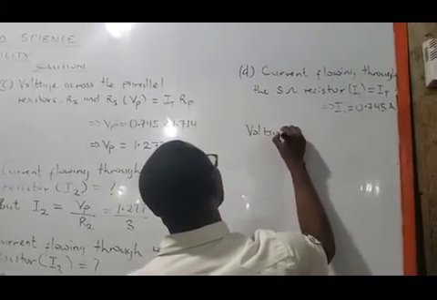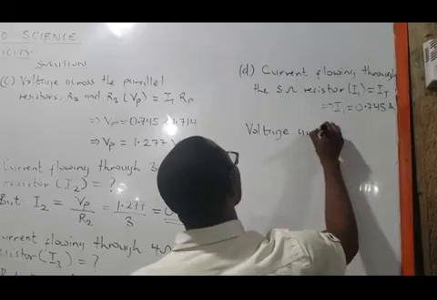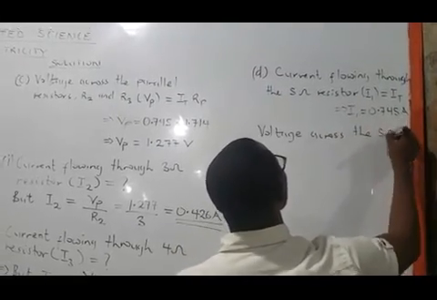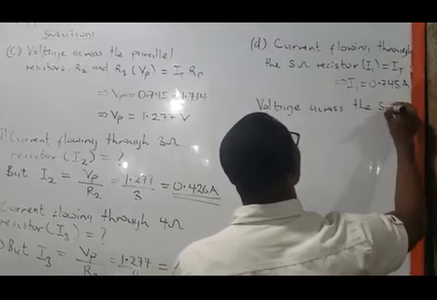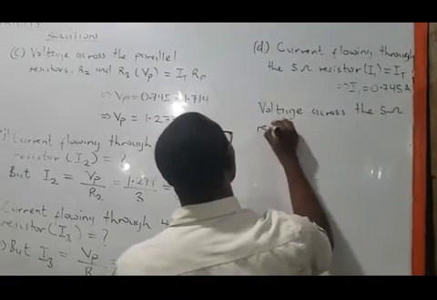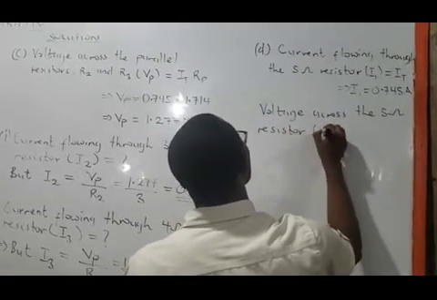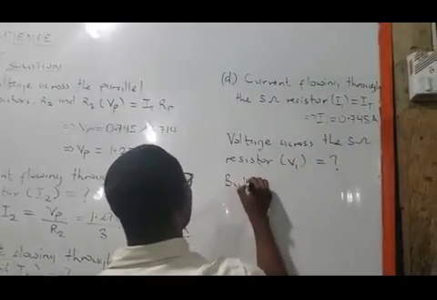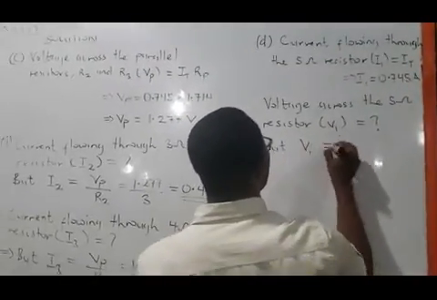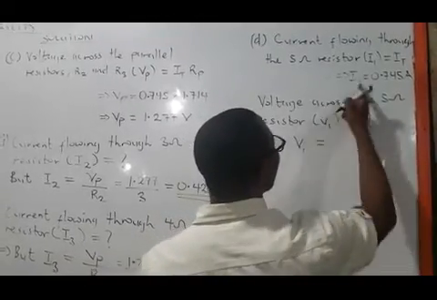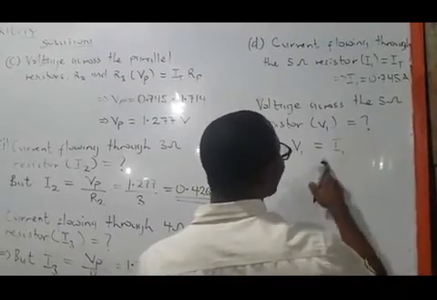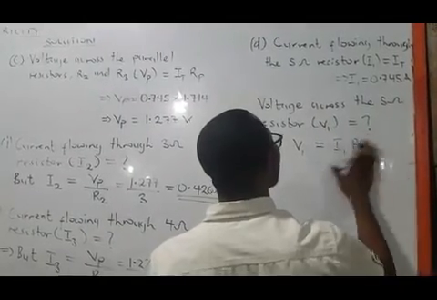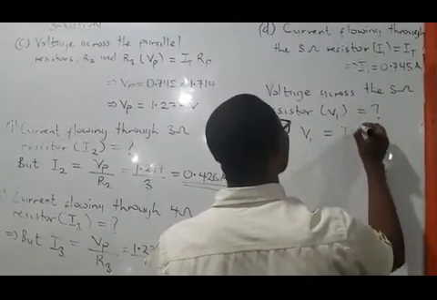Okay, so now let's look at the voltage across the 5 ohm resistor, that's V1. You say the voltage is the current times the resistance. So our current there is I1, which is the same as IT, times the resistance R1. So you have I1 times R1.